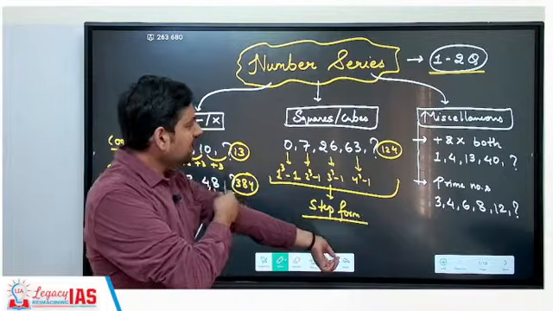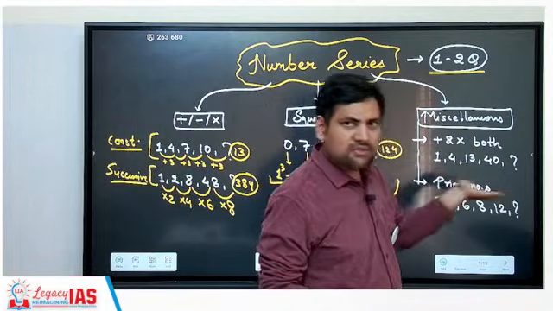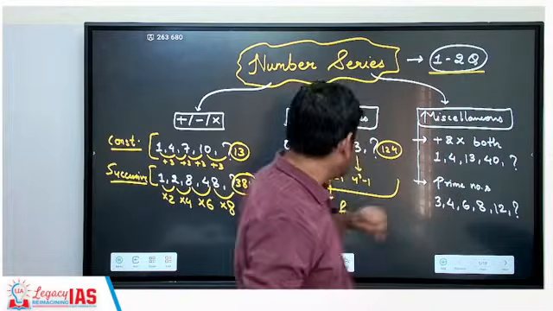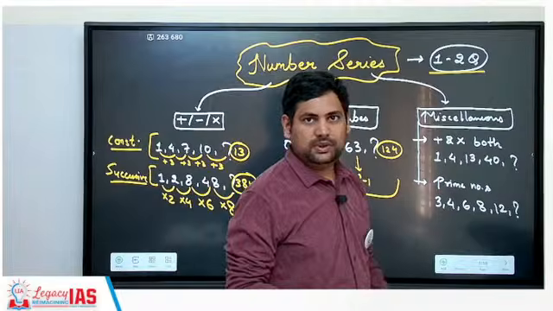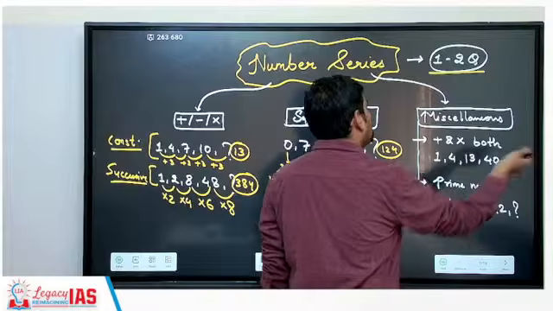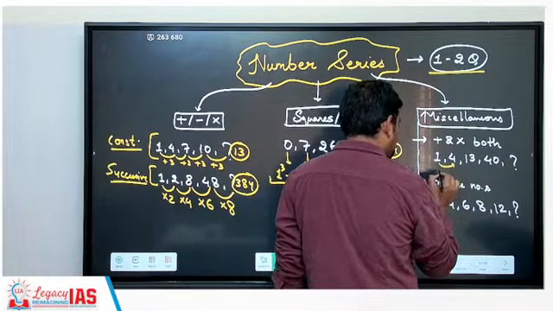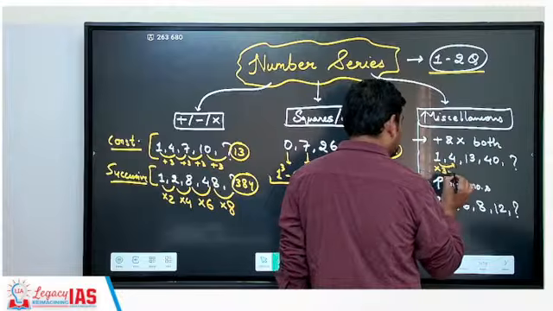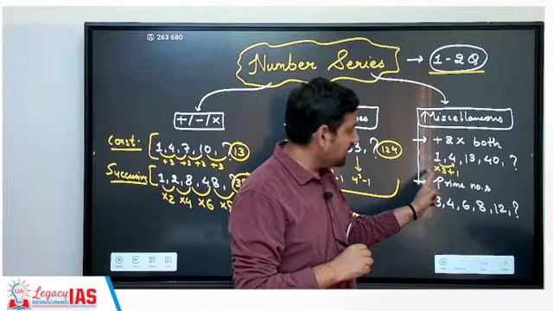Okay. Now in miscellaneous, sometimes they give plus and multiplication both together. So this was just plus, this was just multiplication. Here you have both of them. For example, if you look at this series 1 4 13 40, what will be the next term? So if you see here, this is into 3 plus 1. Can you see this? 1 into 3 is 3, 3 plus 1 is 4.